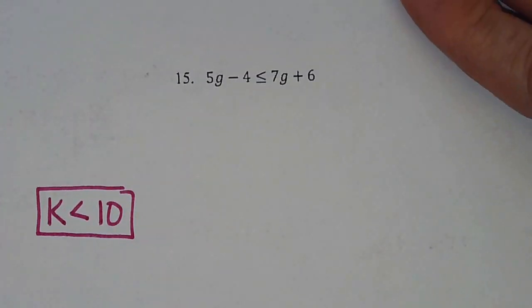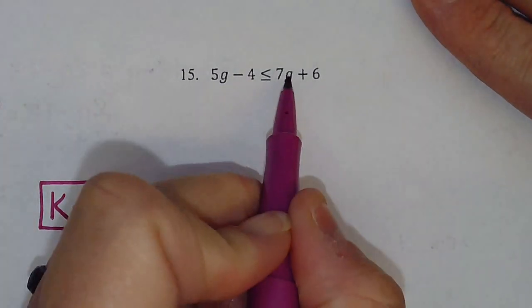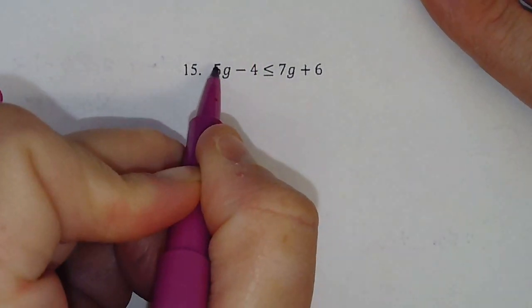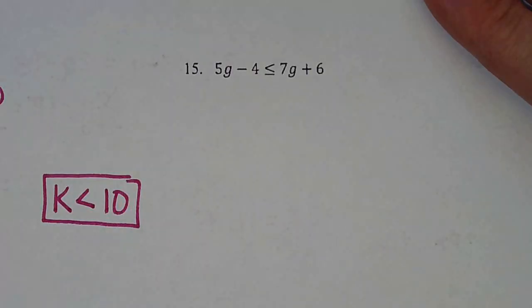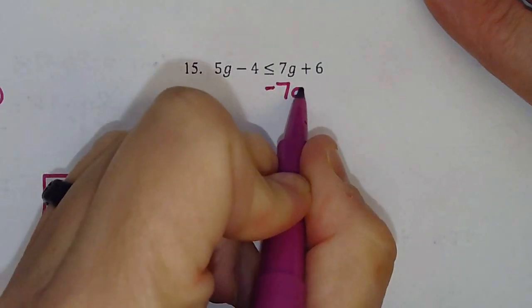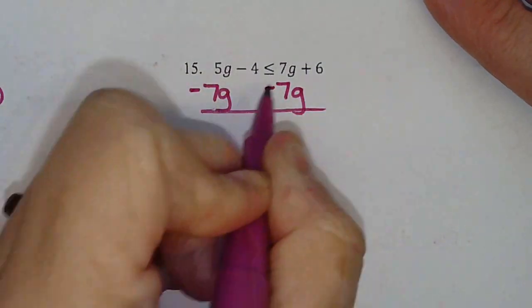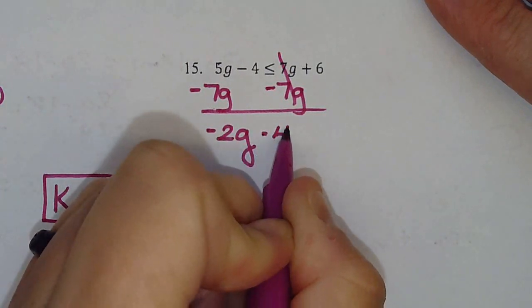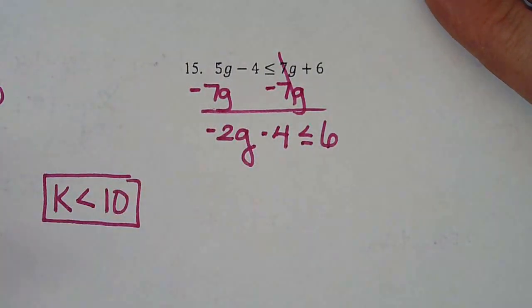15, when you are solving these inequalities, I always said to bring your variables to the left no matter what. I know you're going to want to bring it to the right because it's going to keep your variables positive, but with these inequalities, you want to bring them to the left no matter what. So subtract 7g. 5 minus 7 is negative 2g minus 4 less than or equal to 6.